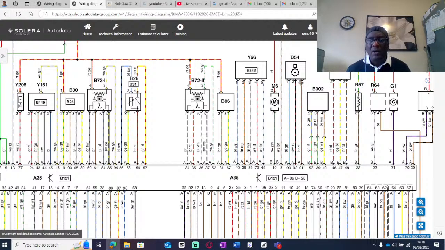Is it a power or is it a ground? If I check pin number 1 and find that it is my ground, mostly number 3 is my power and number 2 is my signal.